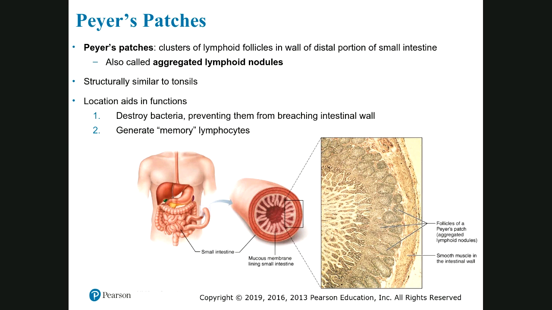And this is why they are very abundant over there, those Peyer's patches, those aggregations of lymphoid nodules, to destroy bad bacteria and generate memory lymphocytes against potential pathogens. So this is the biggest reason why those Peyer's patches are clustering in the wall of the distal part of the small intestine: because 70% of our immune system is in our gut.